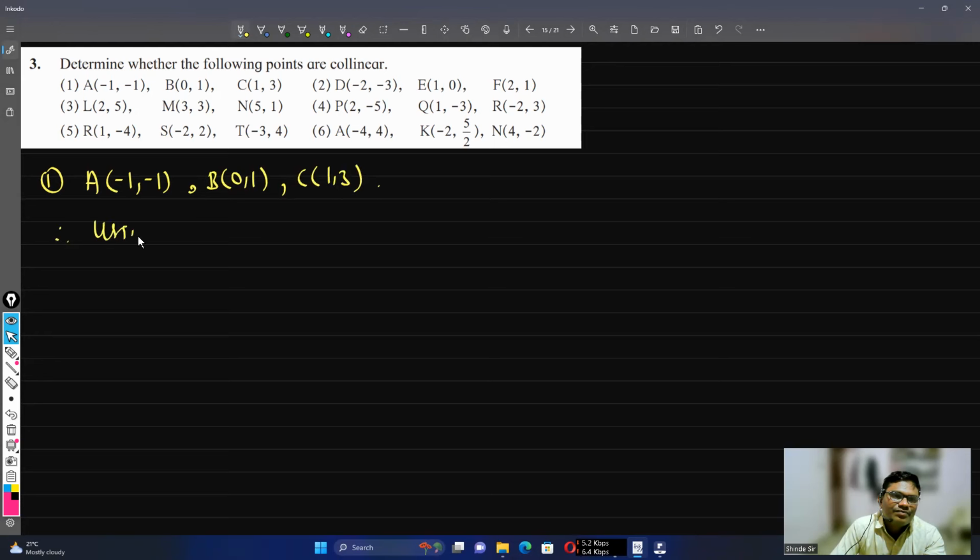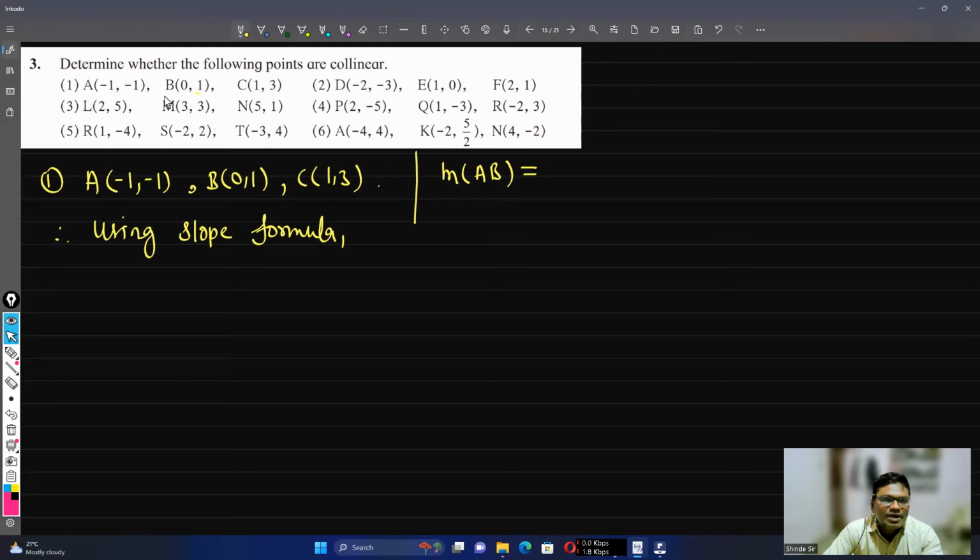Therefore, using slope formula, slope of AB must be equal to 1 minus -1 upon 0 minus -1, which will give us positive 2 upon positive 1. Therefore, the slope of AB is positive 2.